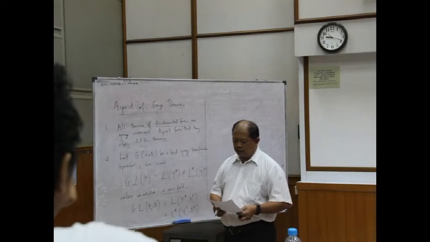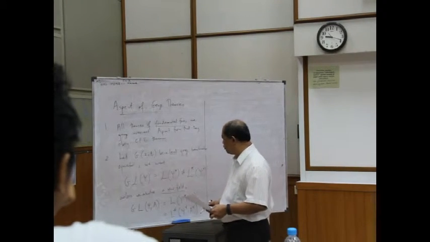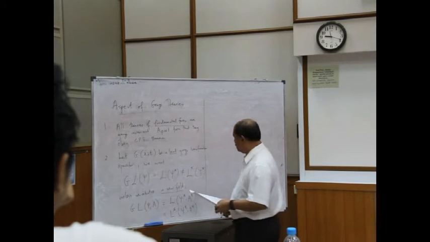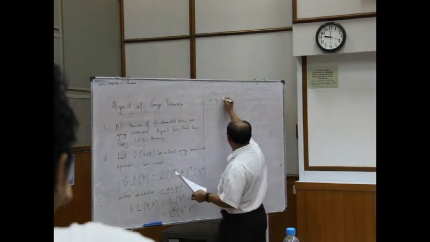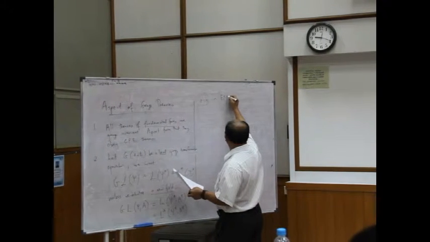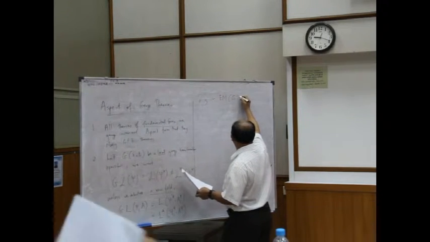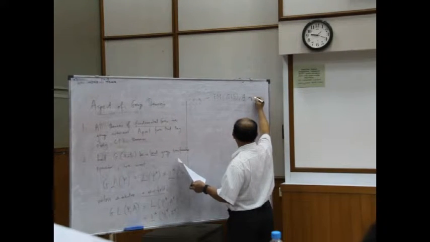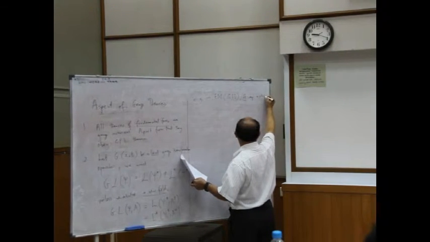Dalam kes quantum electrodynamics, this A field is the photon field. For example, in EM interaction or quantum electrodynamics, A represents the photon field.